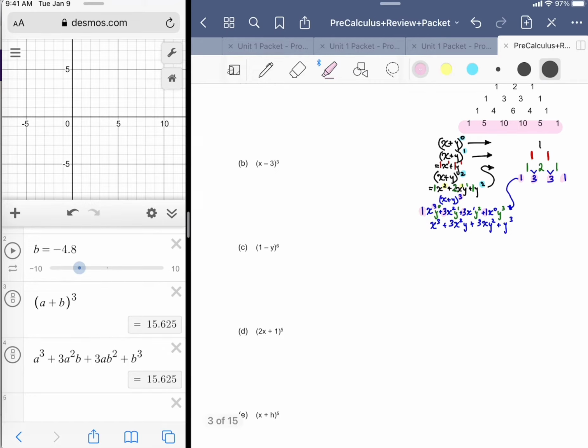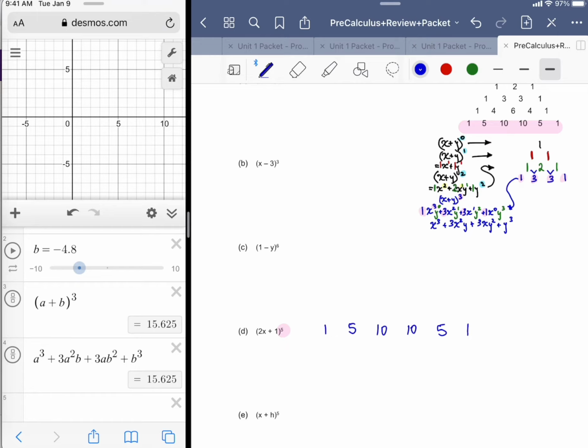I have x and y in the examples that I used when we constructed Pascal. Now I have 2x and a 1, but we're going to essentially follow the same approach. So we have our coefficients, 1, 5, 10, 10, 5, 1.